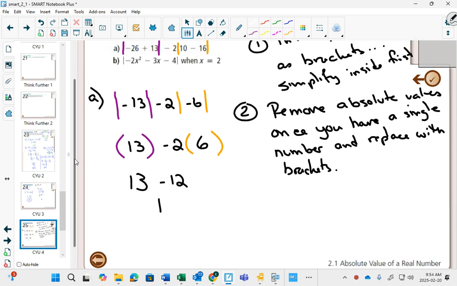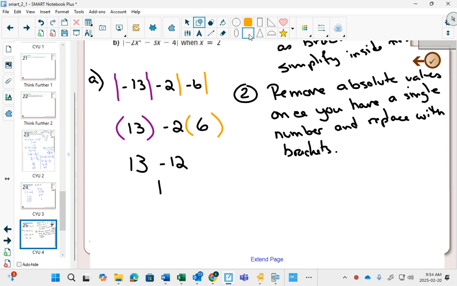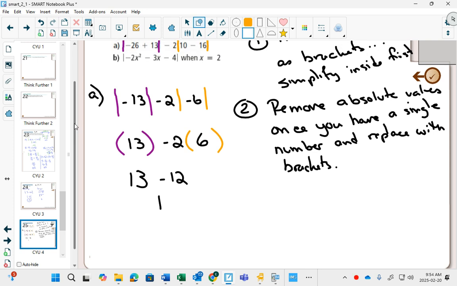All right, so let's look at B. B is actually, I think, a little bit easier. B just says, evaluate this. If I color code this, I only have one set of absolute value bars, so I didn't really need to color code it because there's only one set.